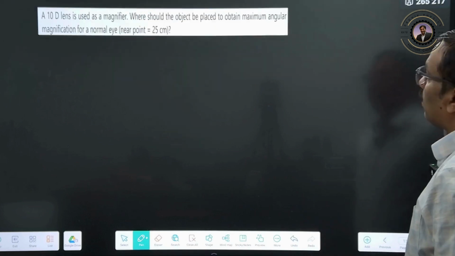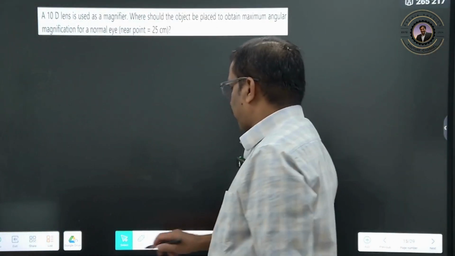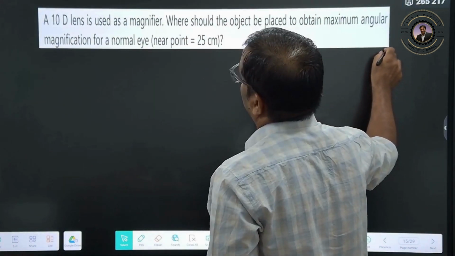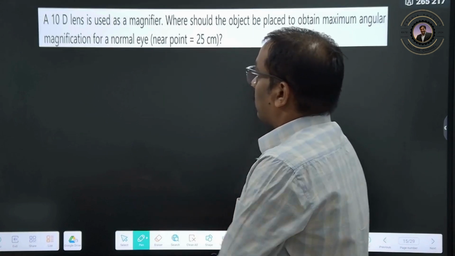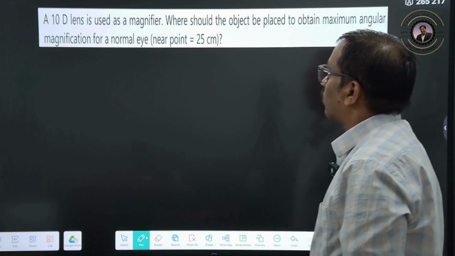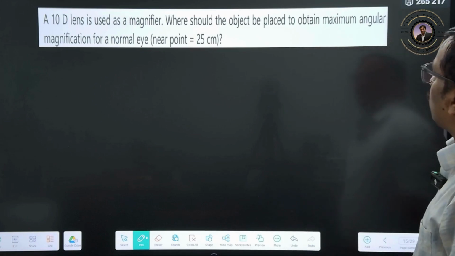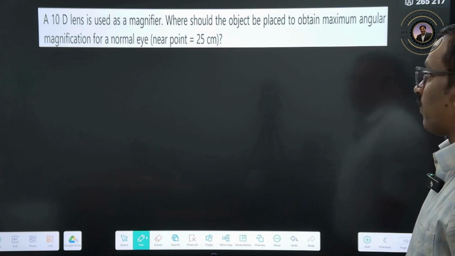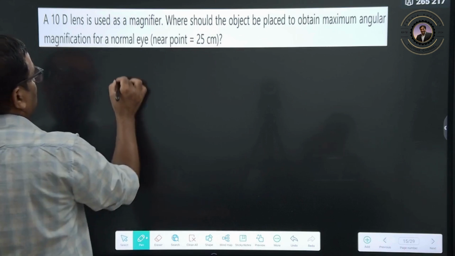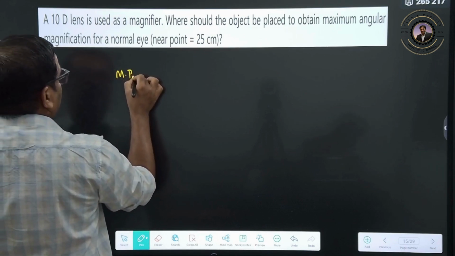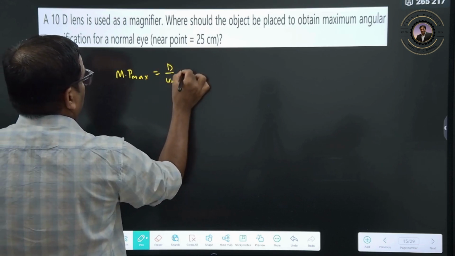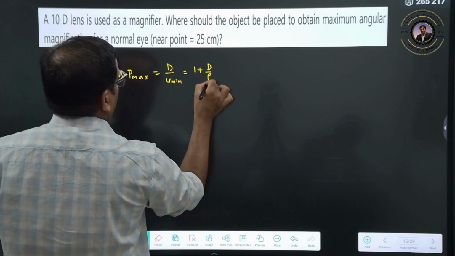Now we'll go for one more. A 10 diopter lens is used as a magnifier, simple microscope. Where should an object be placed to obtain maximum angular magnification for a normal eye? So simple thing. Maximum magnification is nothing but d by u minimum, which is 1 plus d by f.